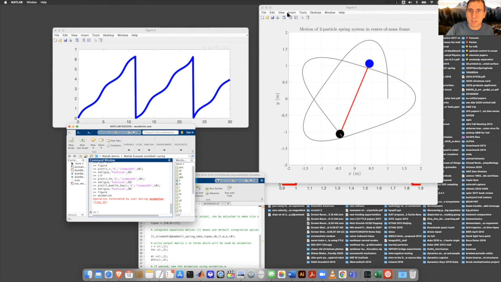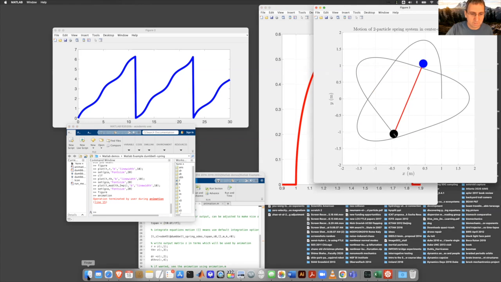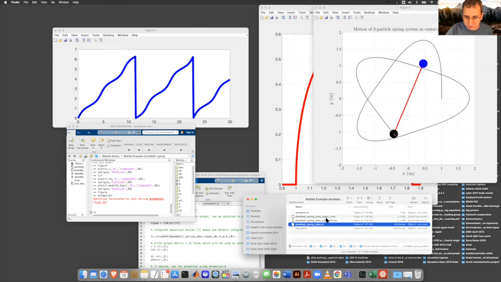And it won't necessarily, but it's kind of cool to see. You could change the initial conditions and see different things. I've already done that. Here's starting with a kind of compressed spring and releasing, and you can see what happens.